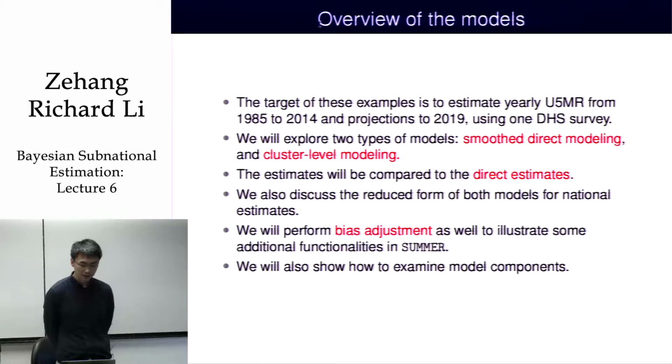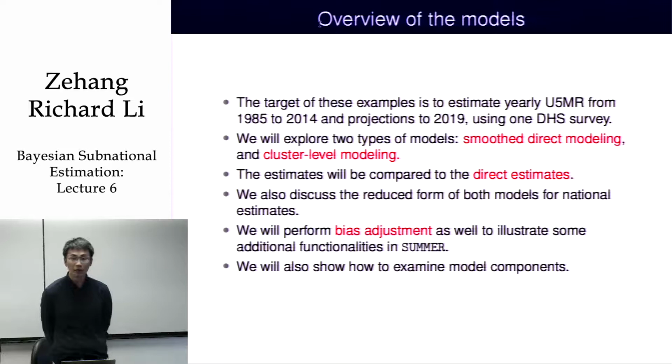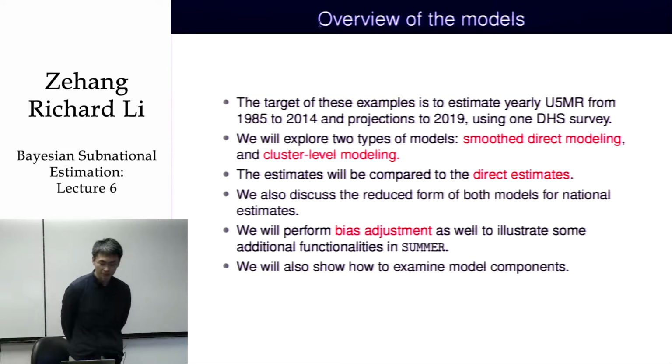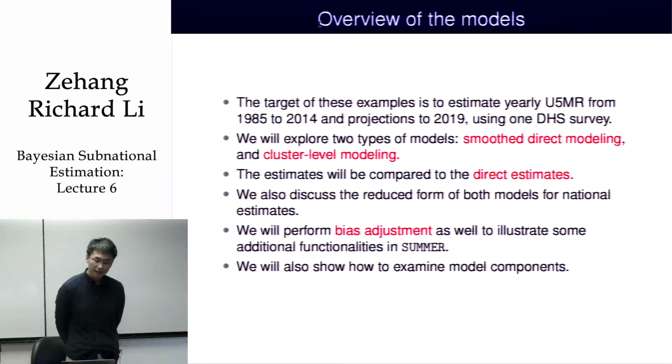The survey was collected in 2014 for our case in Kenya, so that's our time frame. We also want to make projections up to 2019. And we'll only be using this one DHS survey, so we won't be using multiple surveys like I already showed you in the previous lecture, just to keep things a little bit easier.